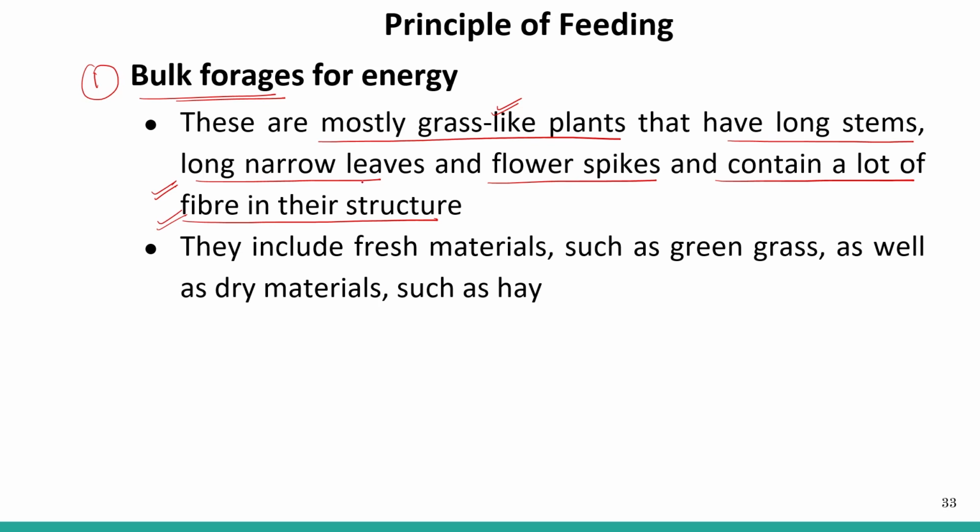That is why it is bulk forage. They include fresh materials such as green grass as well as dry materials such as hay. So hay also comes under the bulk forage.